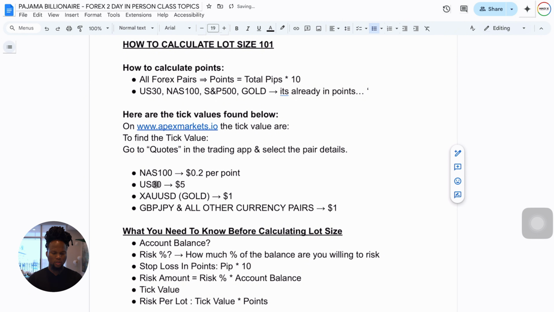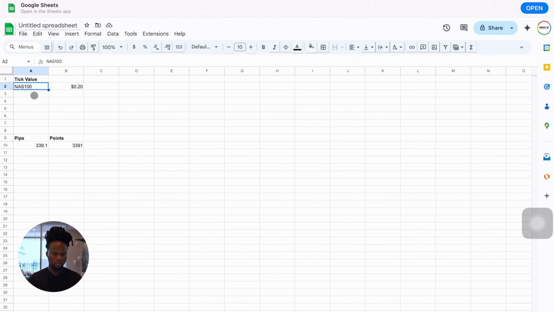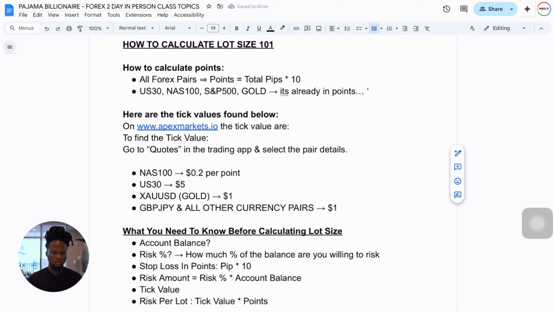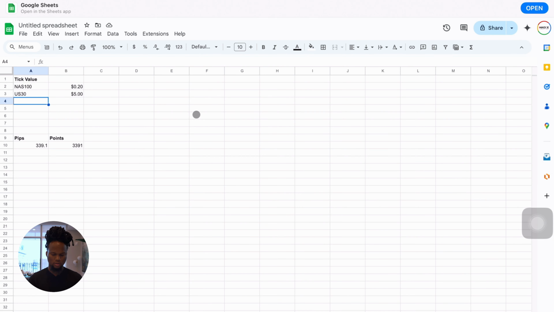US 30 is $5 per point. So you get $5 every increment the market moves. Just $5 per point. Gold is $1 per point.